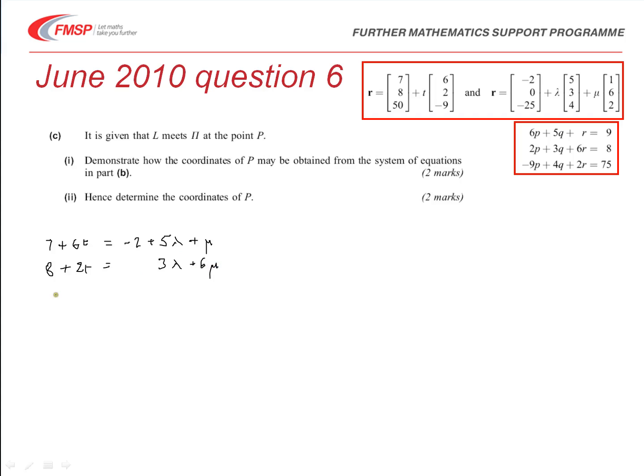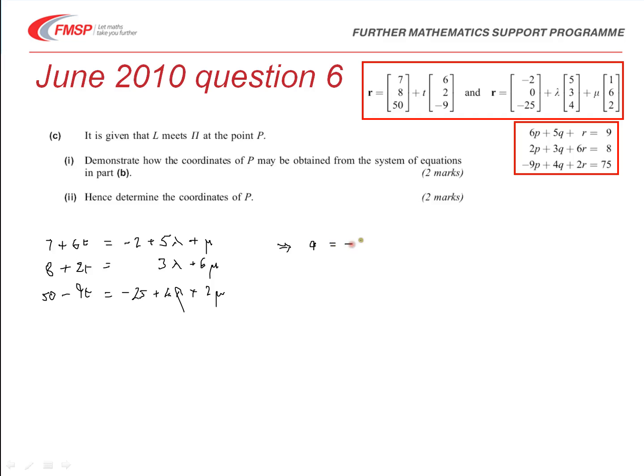And then the final one will be 50 minus 9t equals negative 25 plus 4 lambda plus 2 mu.